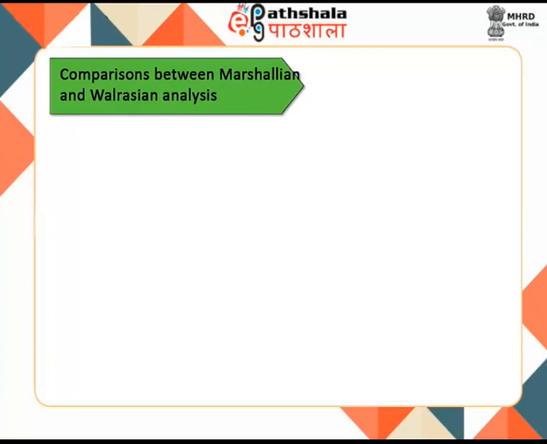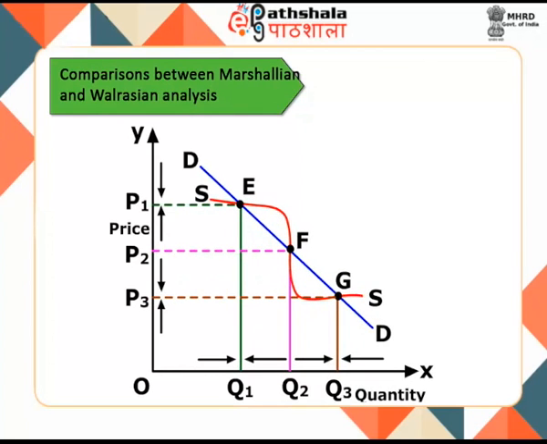On the other hand, according to Marshall, if the demand curve lies above the supply curve and then the former intersects the latter as at points E and G, the points of intersection will result in stable equilibrium. On the contrary, if the demand curve lies below the supply curve, the point where they intersect, point F, will be a point of unstable equilibrium.